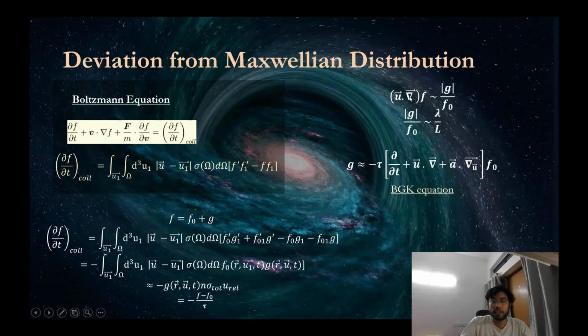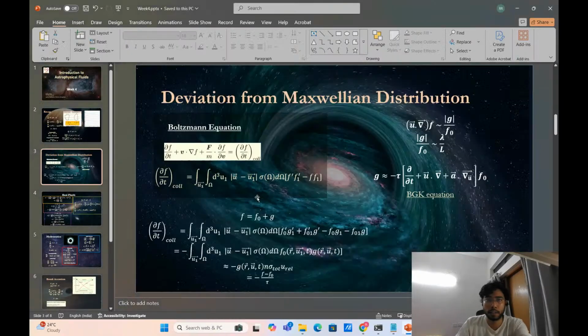Well, I think there should be some tau factor over here. So tau u dot del is equal to, yeah, that's right.